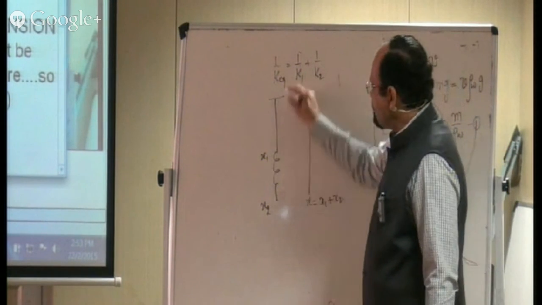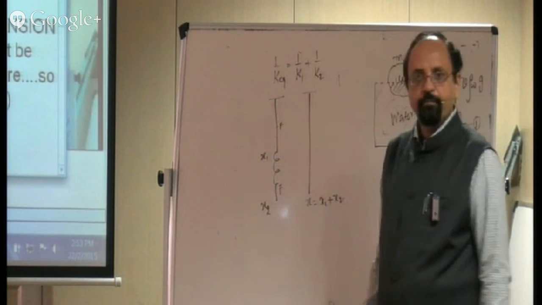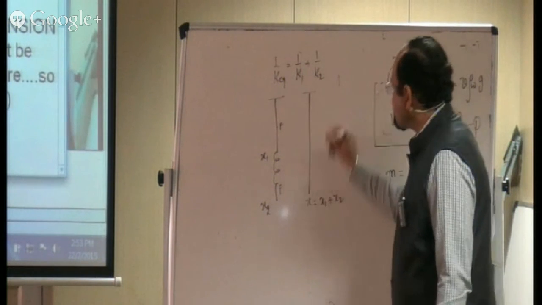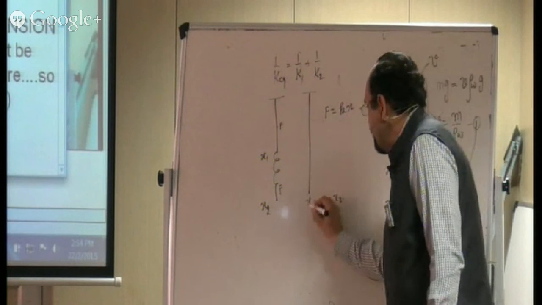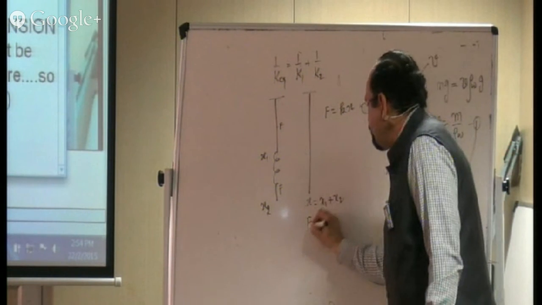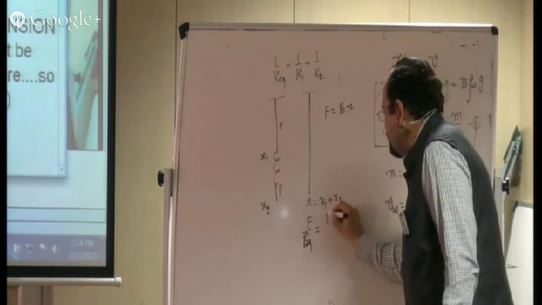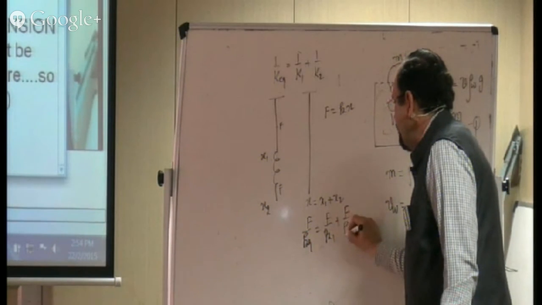But in series combination, the force or the tension remains the same, because it's a massless spring. So from the formula F equals kx, I can write x equals F divided by k equivalent as a whole. For x1 it is equal to F divided by k1 and for x2, F divided by k2.